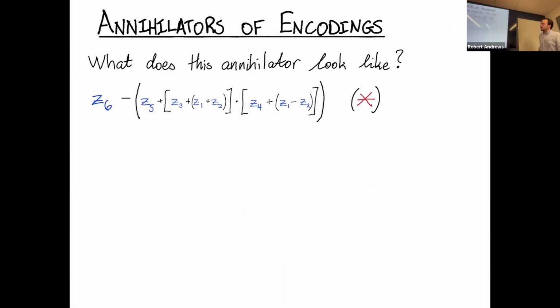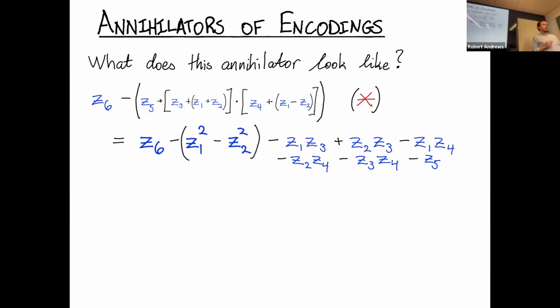Okay, so what does this thing look like? There's a magical tool called a computer. You can feed this into it, and it'll expand out the polynomial for you. And what I want to point out here is, it's doing something interesting. You have this z6, which corresponds to the output part of the encoding, minus z1 squared minus z2 squared. This was the polynomial that the circuit computed.